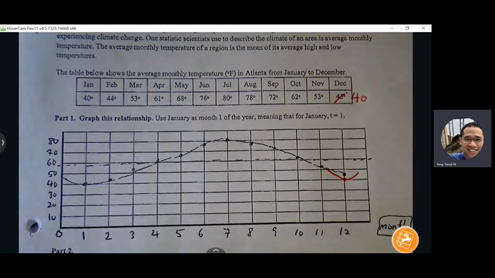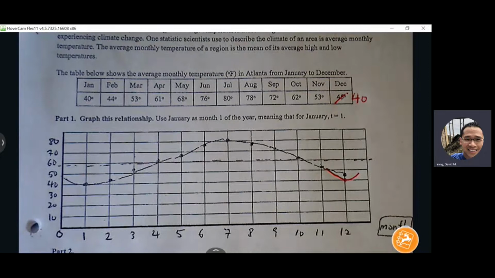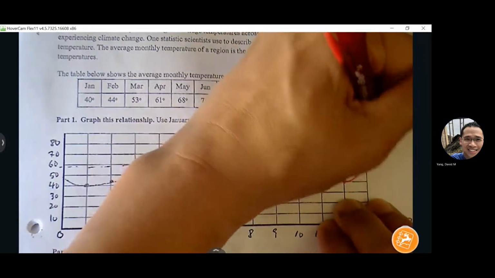Our midline is at 60 because the lowest is 40 and the highest is 80, so halfway between is your midline.